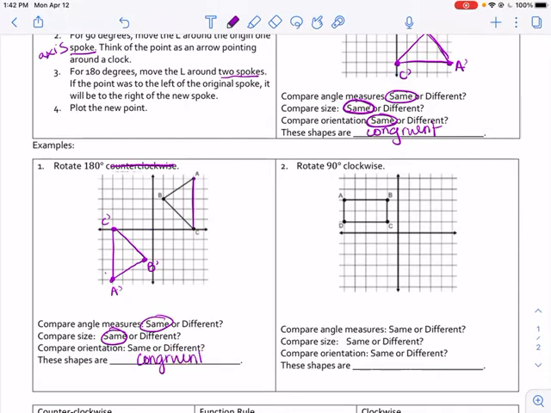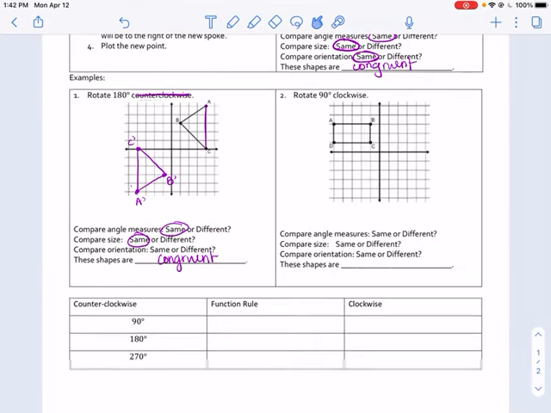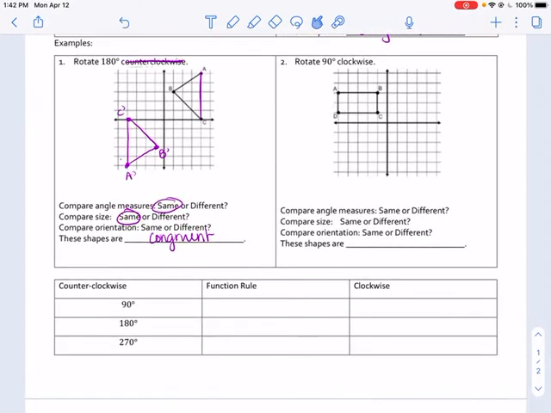Now, if you're having a hard time with this, it may be better for you to memorize the function rules. So here are our function rules. 90 degrees counterclockwise is the same thing as 270 degrees clockwise, and its transformation rule goes (x, y) arrow (negative y, x). And then for 180, it goes (x, y) arrow (negative x, negative y).